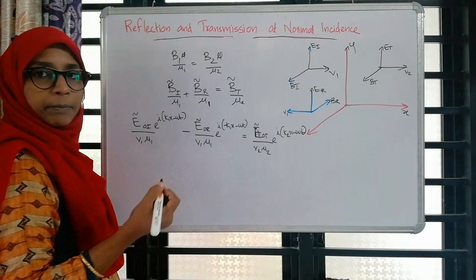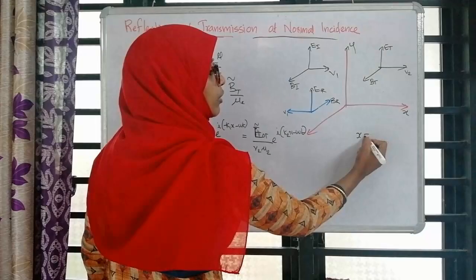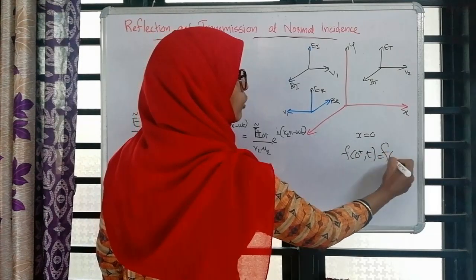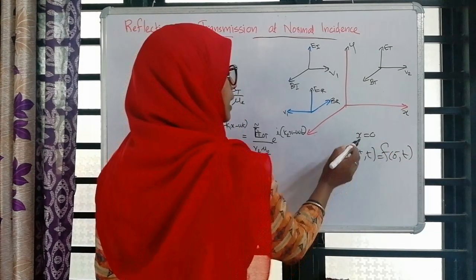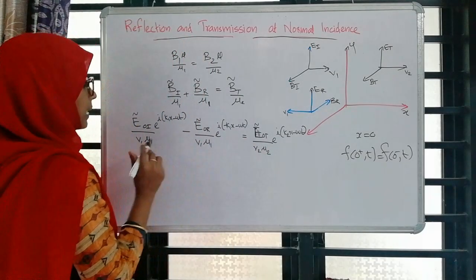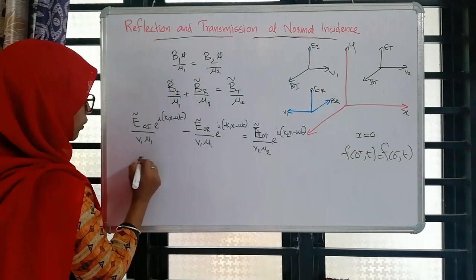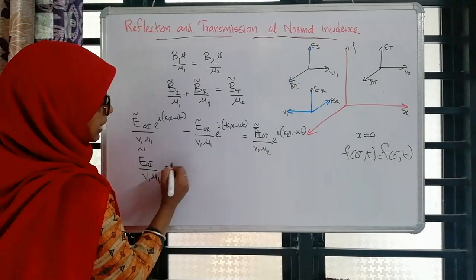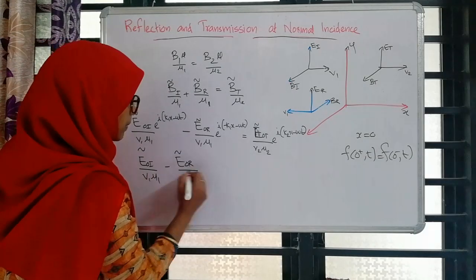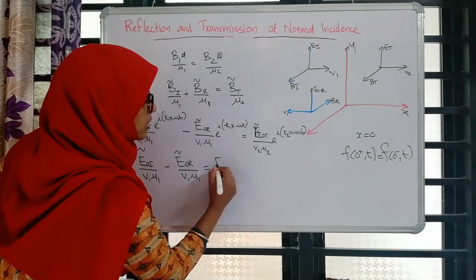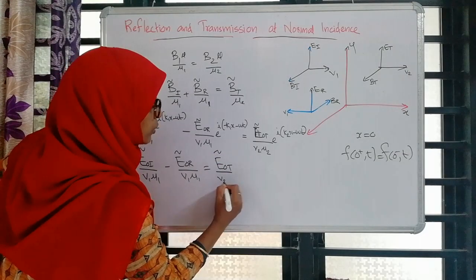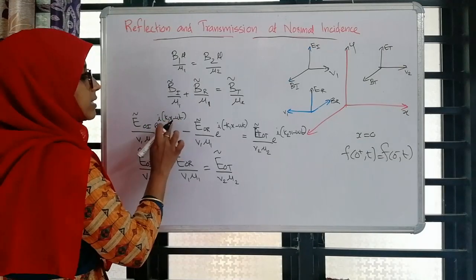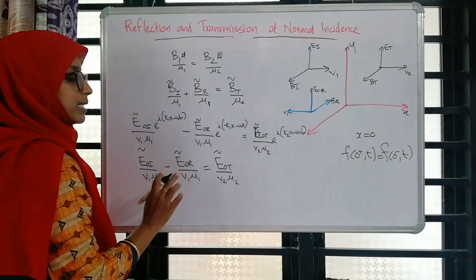And as we said before, at the boundary x equal to 0, the simple harmonic wave will be continuous at the boundary. So, f of 0 plus t should be equal to f of 0 minus t, which implies that at x equal to 0, these equations will be equal. So, at x equal to 0, E_0I by V1 mu1 minus E_0R by V1 mu1 will be equal to E_0t by V2 mu2, and the common term e raised to i into minus omega t vanishes.